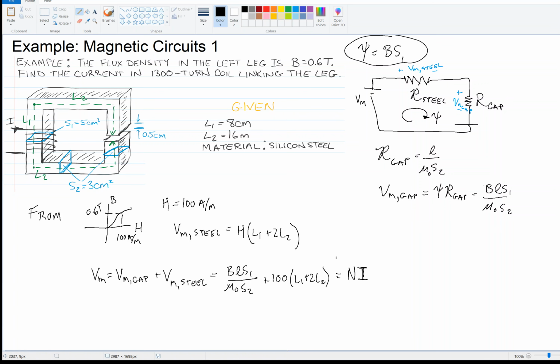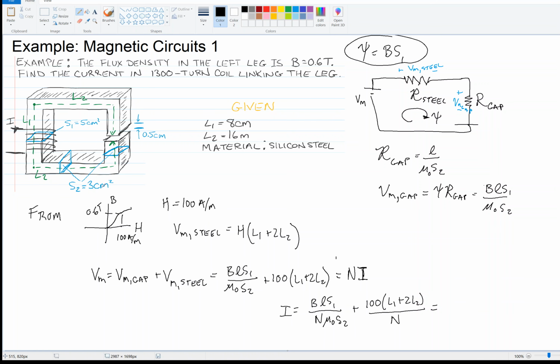Now we want that current. We've got the number of turns, so I just divide by N and I've got the current. So, concretely, I is B L S1 divided by N mu 0 S2, plus 100 times L1 plus 2L2 divided by N. I plug in everything, taking care of getting everything into meters. 8 centimeters is 8 times 10 to the minus 2, but I also need to be careful about the surface area.